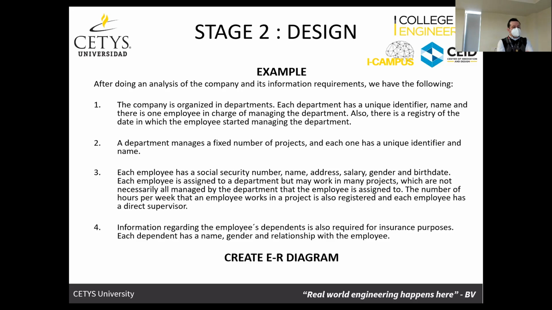So the company is organized in departments, okay? Each department is going to have a unique identifier, something that identifies it uniquely. It has a name, and there is an employee that's in charge of the department, the manager. And we also have information regarding when the said employee started managing the department.